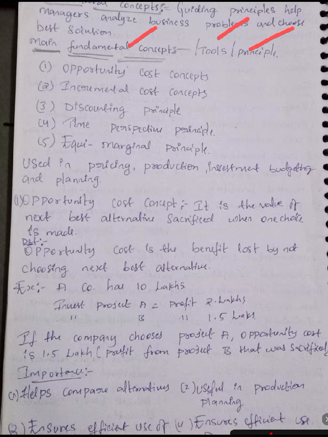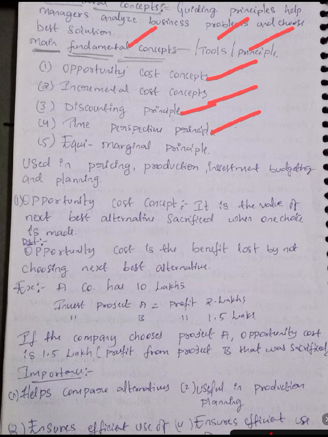What is the first concept? The opportunity cost concept. The second is the incremental cost concept. The third is the discounting principle. The fourth is the time perspective principle.